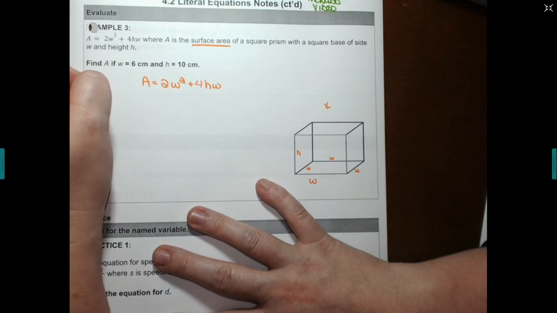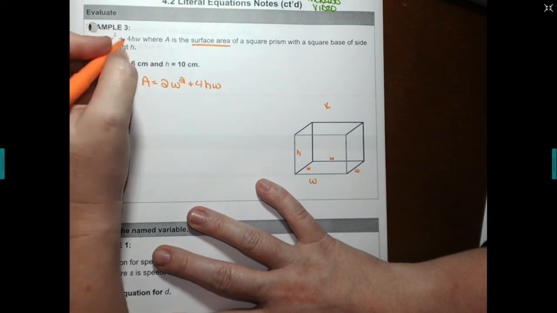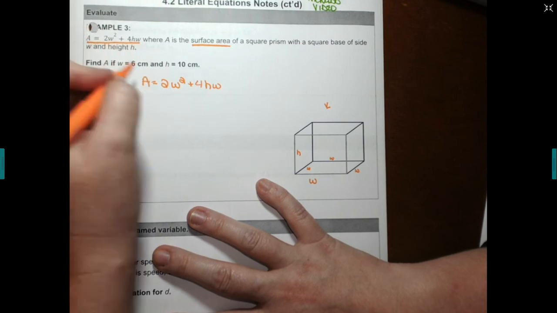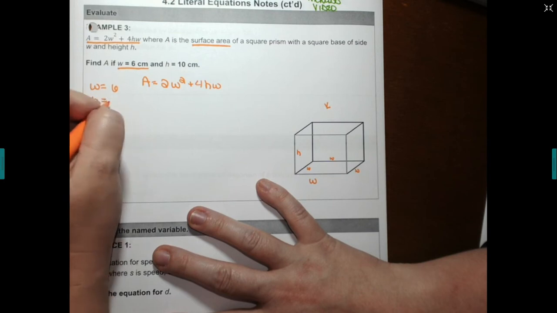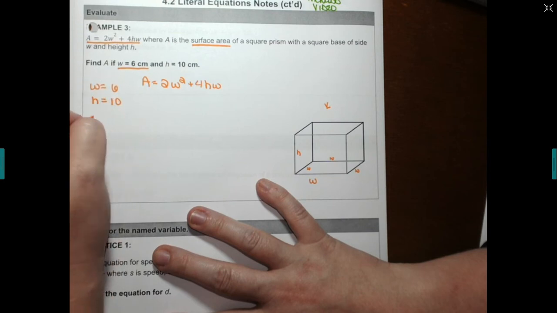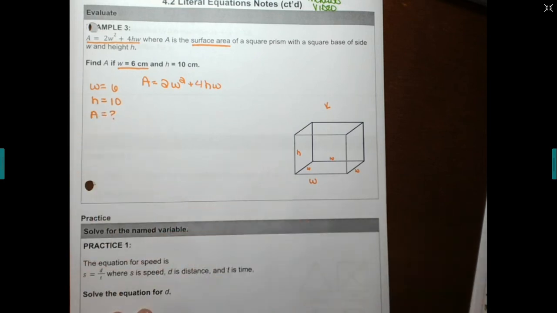We know that W definitely equals 6 because they gave us that. See, they gave us our formula. They gave us our W equals, and they also gave us our H equals 10. And they want us to find A. Well, convenient. It's already solved for A. Oh, thank you, Miss McNabb. You guys are so welcome.